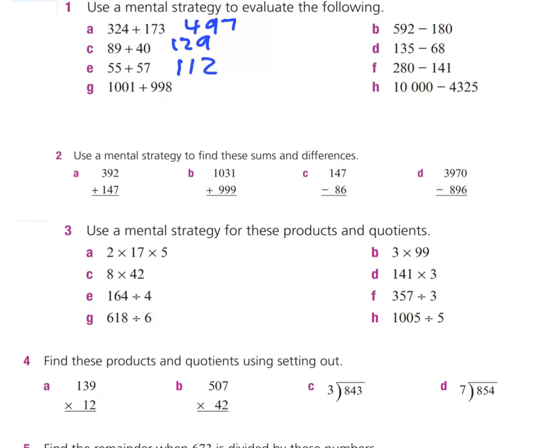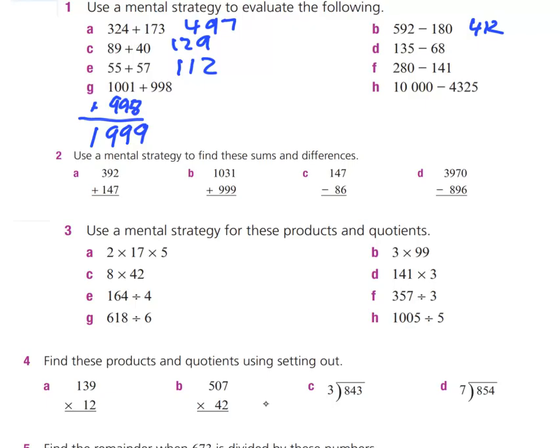And for G, 1001 plus 998, again, fairly simple. If you had them on top of the other, you would see very easily that you end up getting 1999.